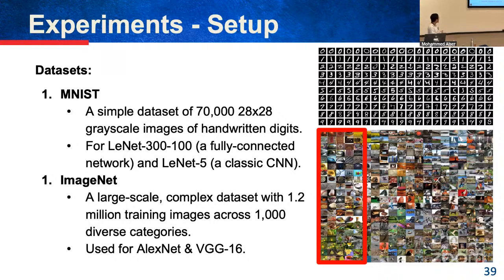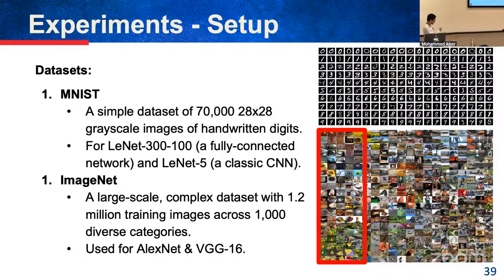And the ImageNet dataset is a large, complex dataset, and it contains like 1.2 million pictures across 1,000 categories. So the MNIST dataset just has 10 categories, but the ImageNet dataset has 1,000 categories, spanning from dogs, cats, cars, mushrooms.